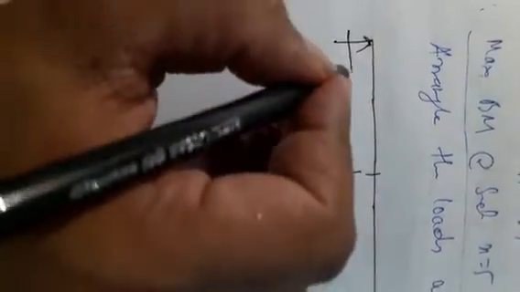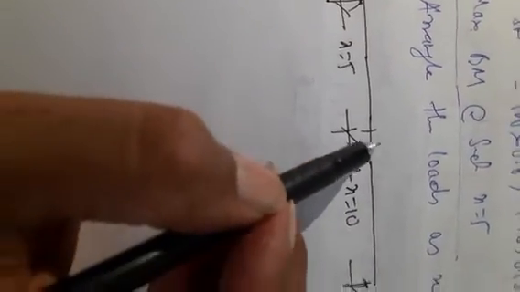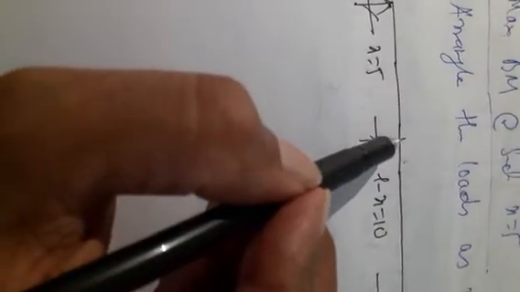Say this is my beam and this is my required section. Say this distance is x is equal to 5 and this is L minus x is equal to 10. Now there are two loads. Which load to put here? Now to get maximum bending moment, always put the bigger load at the required section.